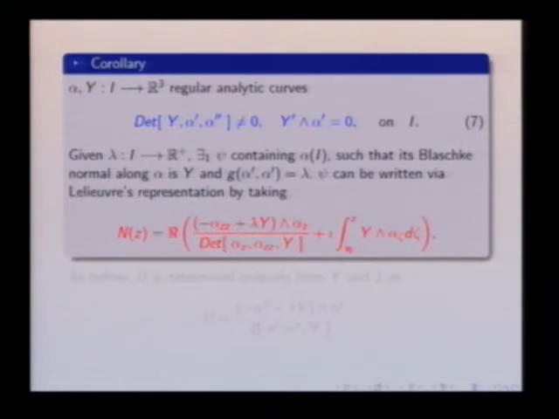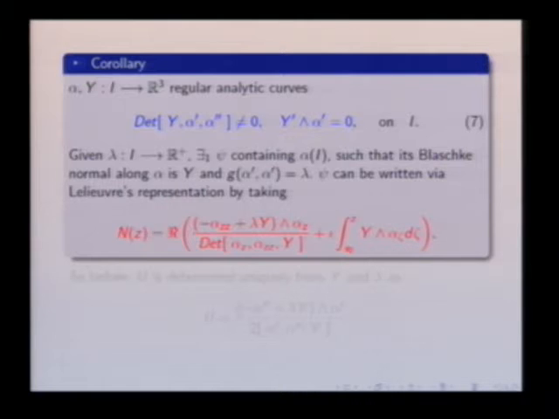Given alpha and y, such that y prime and alpha prime are always proportional, then given any function lambda, it is possible to get also in a unique way an improper affine maximal surface containing the curve alpha, such that the affine normal along alpha is always the prescribed curve y.